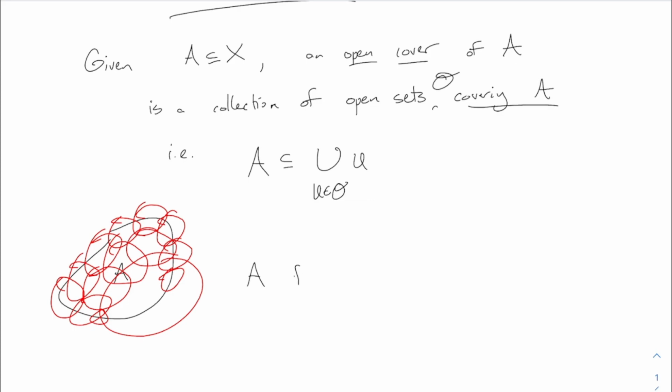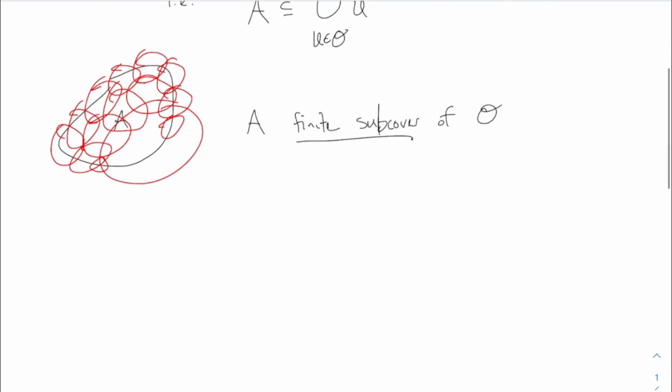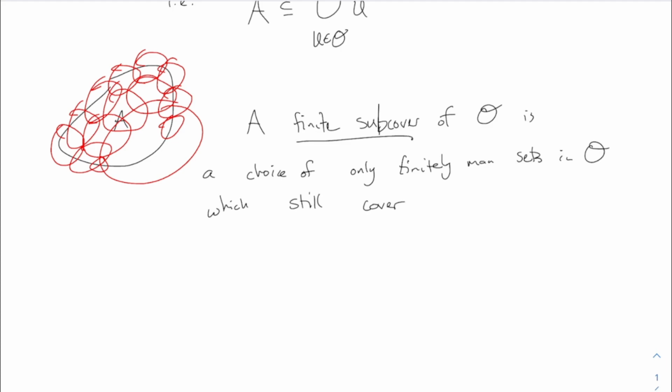A finite subcover of an open cover: if you start with a big open cover, by big I mean maybe it has infinitely many sets in it, a finite subcover just means you pick only finitely many of those sets, but they still cover A. So a finite subcover of O is a choice of only finitely many sets in O which still cover A. A might use infinitely many sets to begin with.